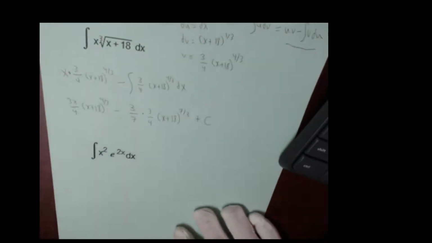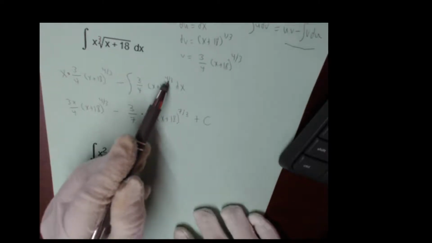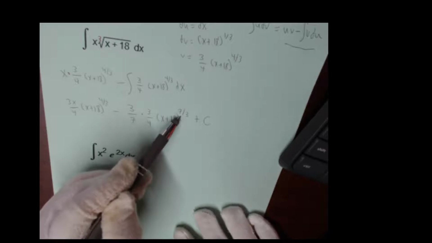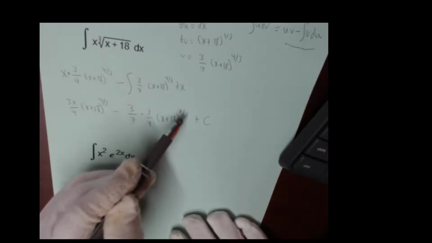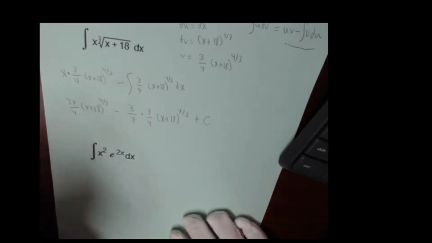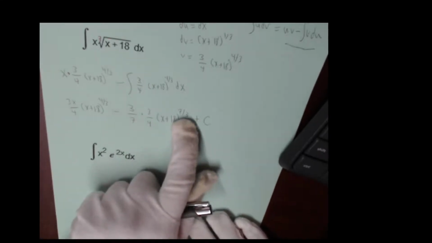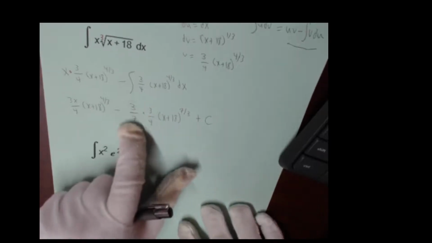Okay, so let me walk you through what I just did. I knew that we're taking an integral, so the power will go up by 1, so it goes up by 3/3. That means that this is 7/3, which means we would need a 3/7 out in front to cancel. Watch if we take the derivative of this. If we take the derivative, the 7/3 comes down, which cancels the 3/7.